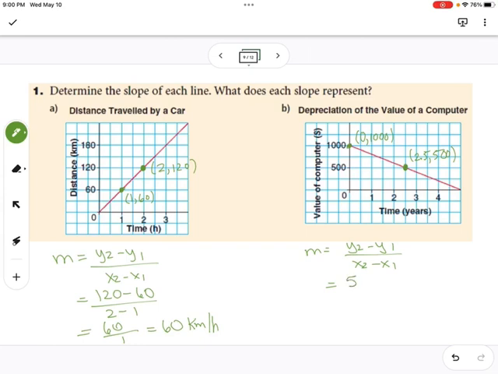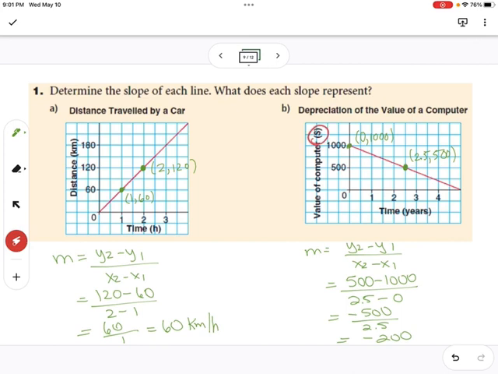So we have 500 minus 1000 over 2.5 minus 0. So this is a negative 500 over 2.5, and we get a negative 200. We notice our units here is dollars per year.